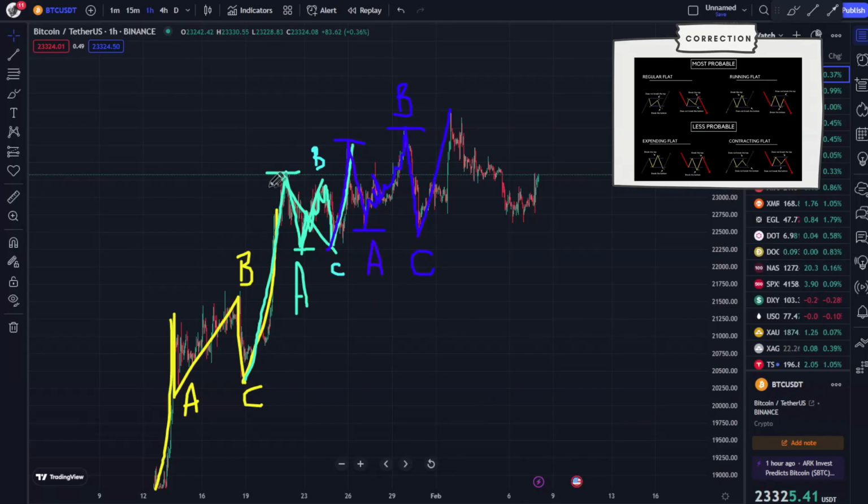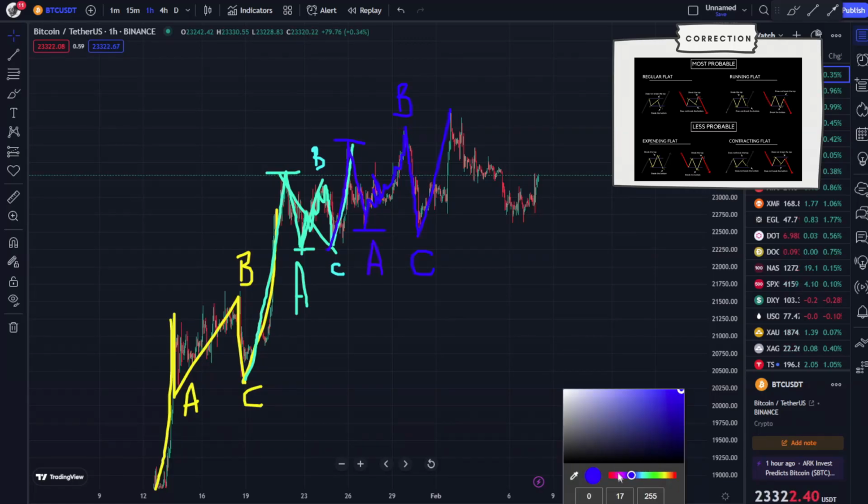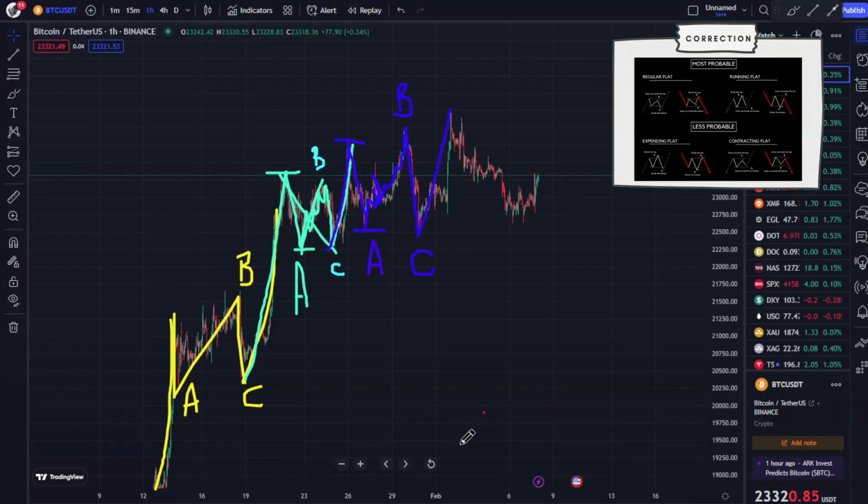The thing is, all these corrective patterns happen within having a small impulse. All right, when you have small impulse and a lot of correction, that's where you've got to be careful. So I'll put it in a different color so it's better to see. But if you have an impulse correction, but you get smaller impulses like this, smaller impulses and bigger correction, that means that at some point this is losing momentum and you will get a bigger correction.